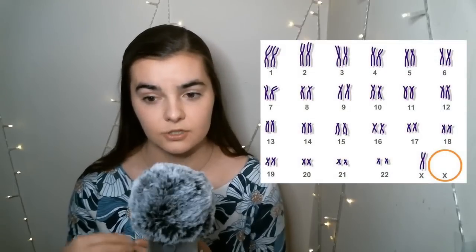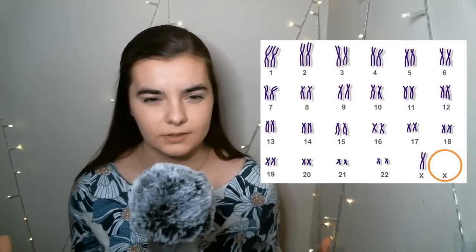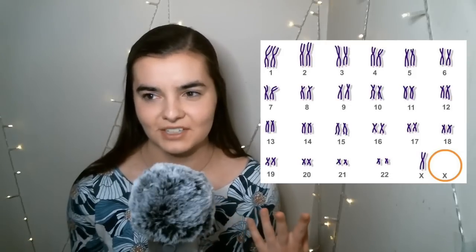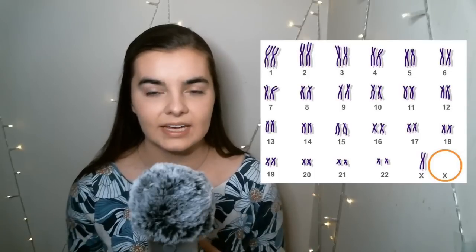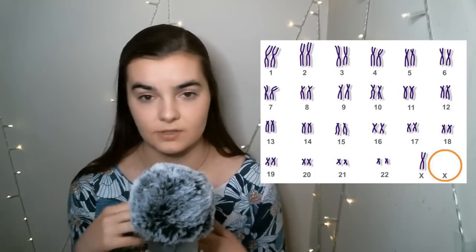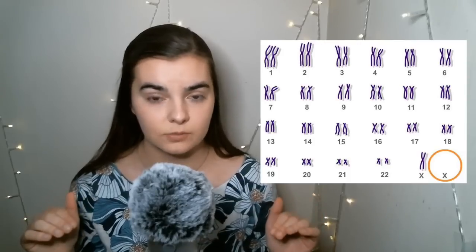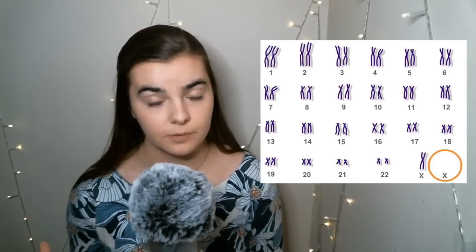And so actually the only monosomy that is compatible with life, which are the words they often use in the genetics community, is having only 1 X chromosome, and that's your only sex chromosome, 1X, and that is called Turner syndrome.